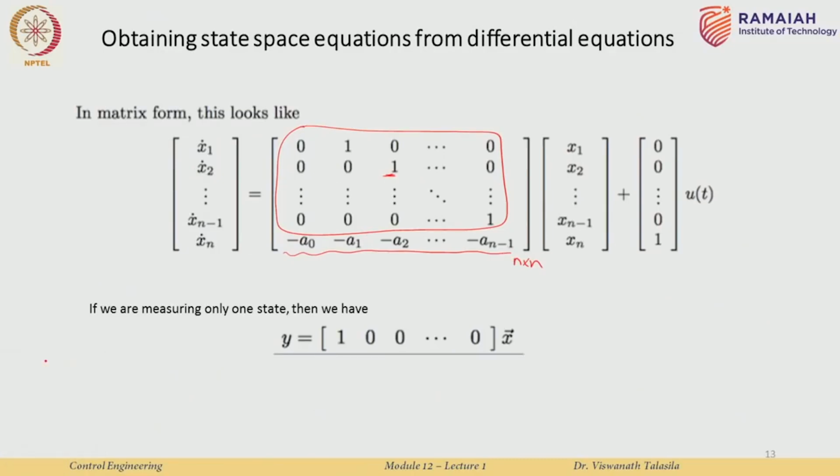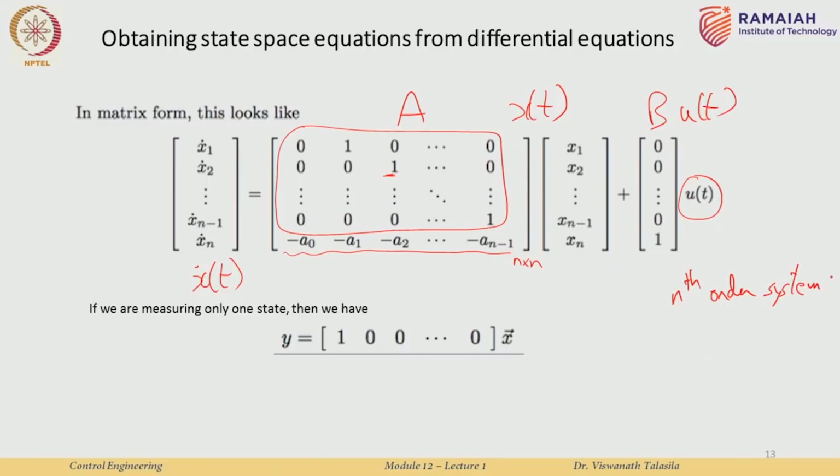And of course we have an independent variable here, u(t), which is not a state variable, so we take that outside. So this is basically my B u(t), this is my A x(t), and this is x dot(t). So x dot is equal to A x plus B u, a standard expression for an nth order differential equation. So this is for an nth order system.